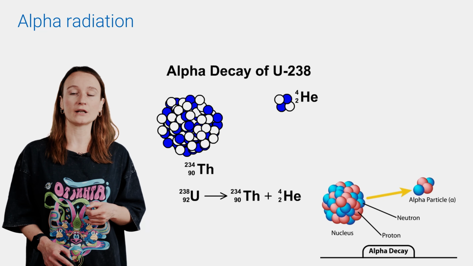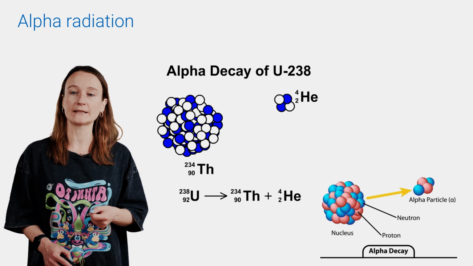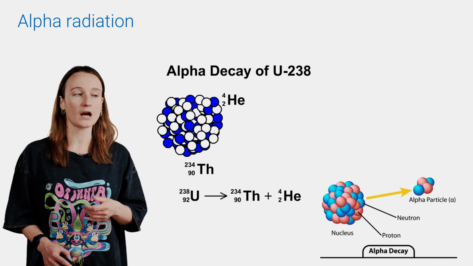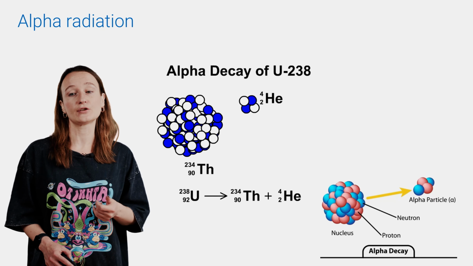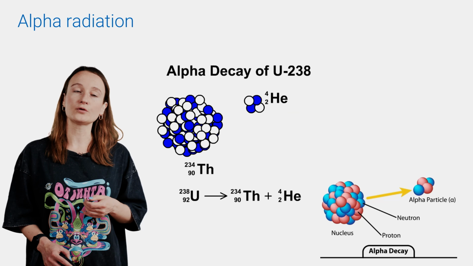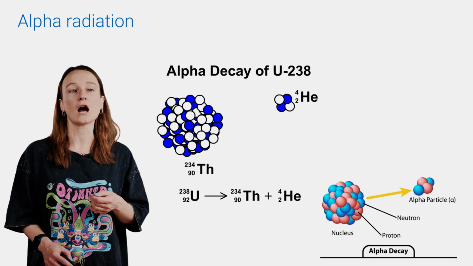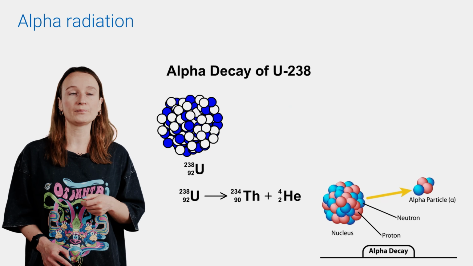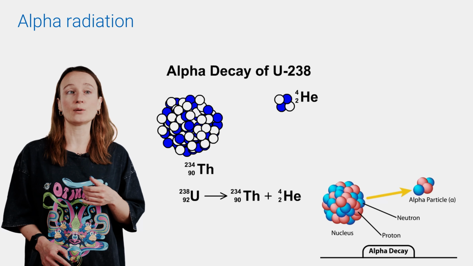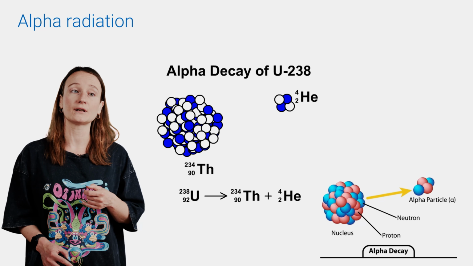Since alpha particles are massive and have relatively high energy, their path in a substance is straight. They cause a strongly pronounced ionizing effect. All the energy is transferred to the body's cells, causing great harm to it.